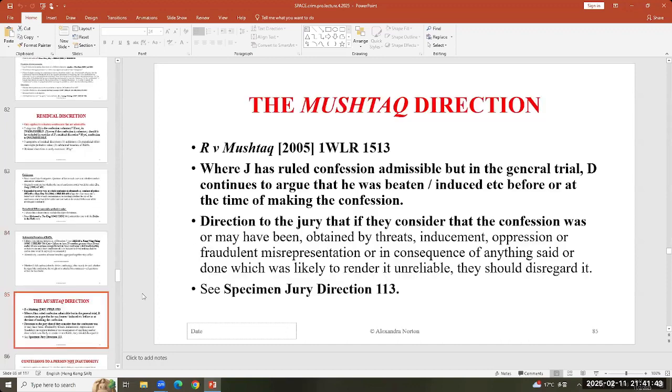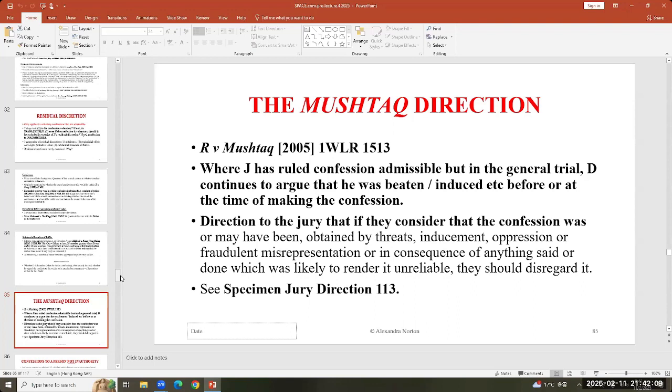The Mushtaq direction is the unusual scenario I alluded to earlier, where I said that if the confession is ruled inadmissible, it should not be referred to in front of the jury, right? Because the jury should only hear admissible evidence, right? So if the confession has been ruled inadmissible, it doesn't get referred to.